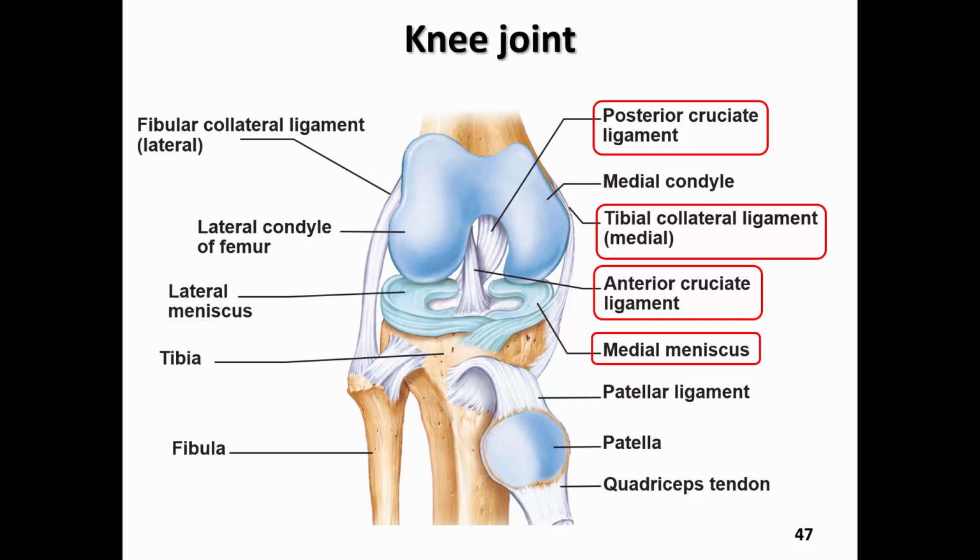A unique feature of the knee joint is that, in addition to the hyaline cartilage shaded in blue, there are the menisci: the medial meniscus, and here you can see the lateral meniscus. These are two C-shaped wedges of cartilage, in addition to the hyaline cartilage, wedged in between these two bones to provide an extra level of support and shock absorption, because the full body weight is coming through the knee joint.